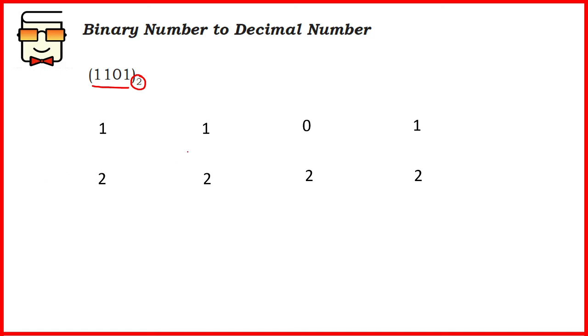Now since you know that the number system is also called a positional system, because each digit holds its value depending upon what position it occurs in the number. This particular character has a position of 0, this one has a position of 1, this character has a position of 2, and this has a position of 3.